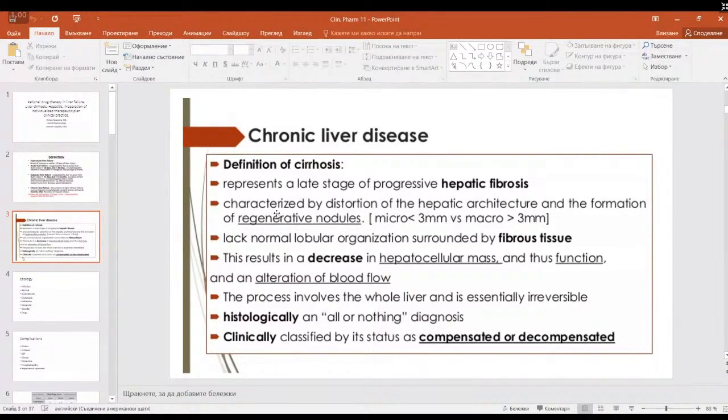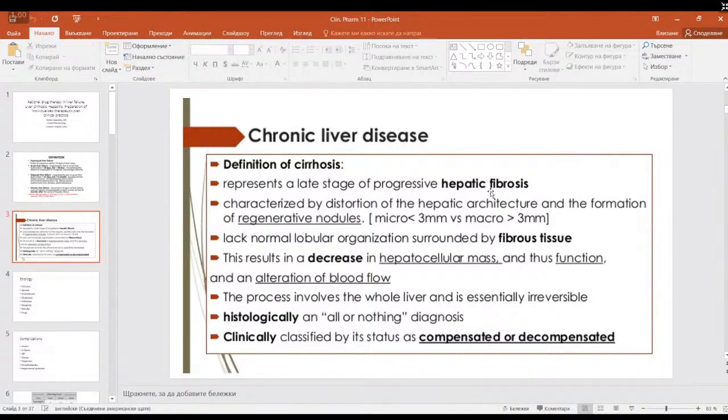So if you look at the nodules under a microscope, you're going to see that they have a structure that is similar to a normal functioning liver, but around these normal islands of liver tissue, we have a massive fibrotic tissue, and this actually gives the macroscopic appearance of this fibrotic liver.